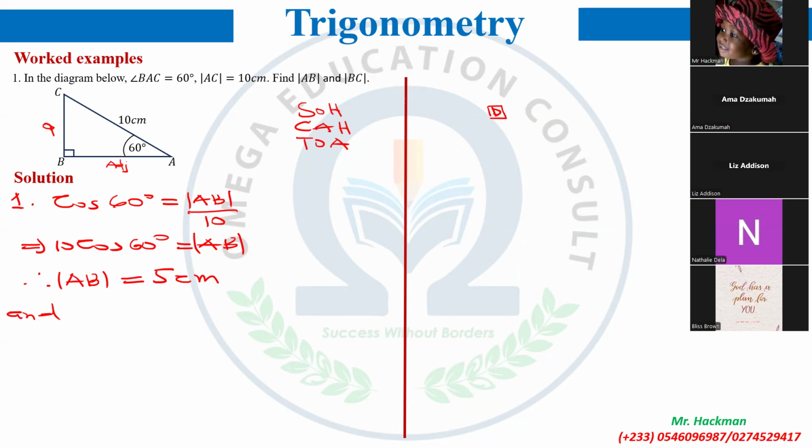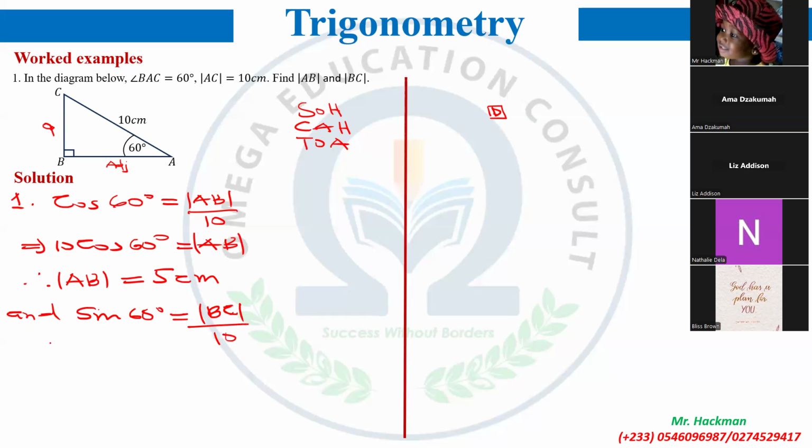Sine, is that not it? So you go for sine. You write sine of your angle. Do you know your angle? Yes, the angle is 60, the angle that you use to determine the opposite and the adjacent. Sine 60 will be equal to opposite, which is BC, over the hypotenuse, which is 10.